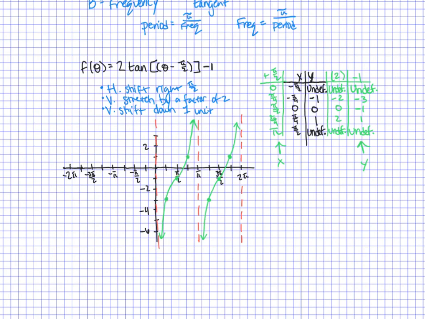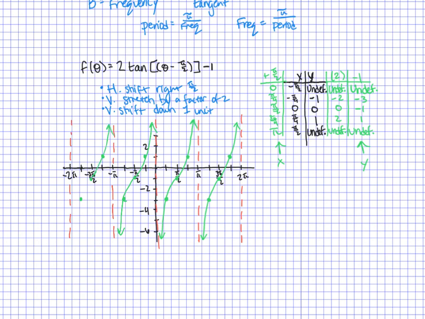So here we have asymptote, and then we'll have 1, -1, -3, asymptote. We can get all that connected. And then again, we have our asymptote, and then +1, -1, -3, and asymptote.